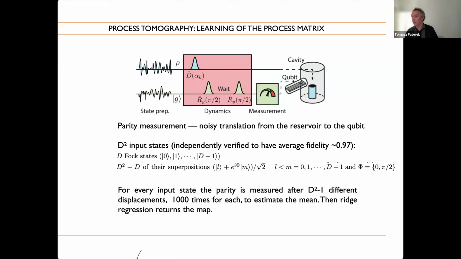So if you measure 0, you know it's even. If you measure 1, you know it's odd. But this translation is noisy. And the really important feature of this experiment is that with our method, we reconstruct the actual process that happens inside this system, including this noise. So this method takes into account systematic errors in this experiment.